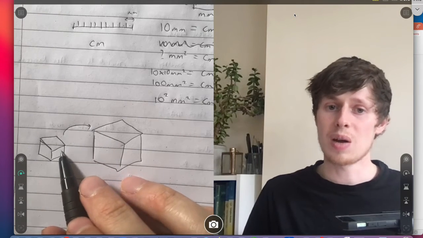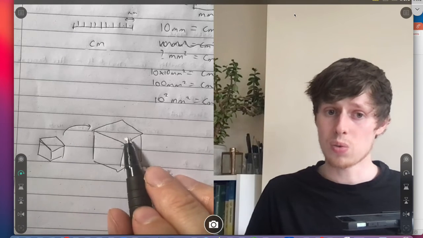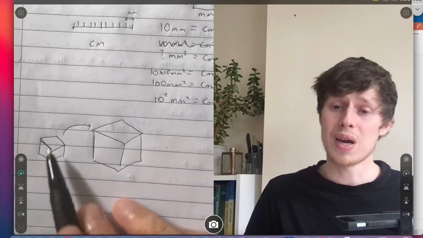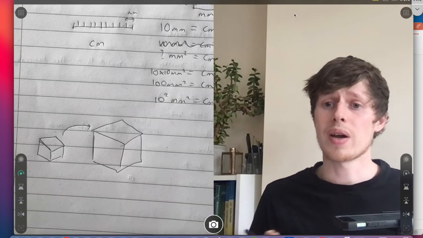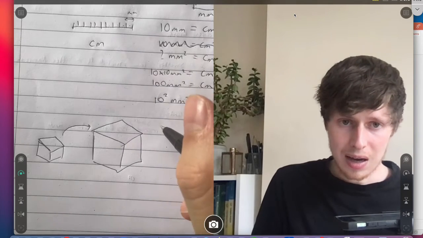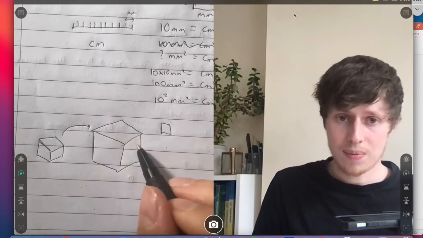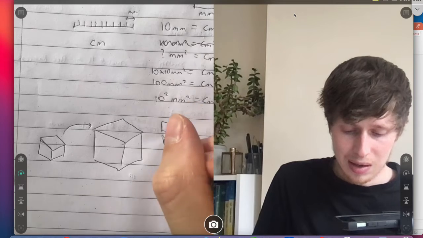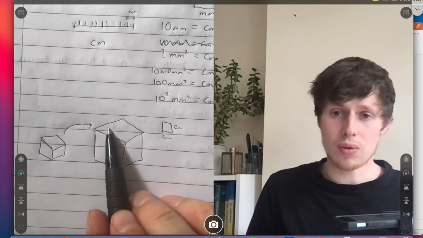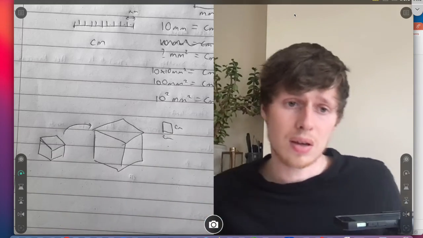How much do we times the surface area by to get the surface area of this one? That's going to help us answer how much longer it's going to take to paint this one, because to work out how long it takes, you need to work out how long it takes to paint a square of, let's say, a centimeter in each dimension, and how many of these centimeters squared are on the outside, i.e. the surface area. So let's look at this.